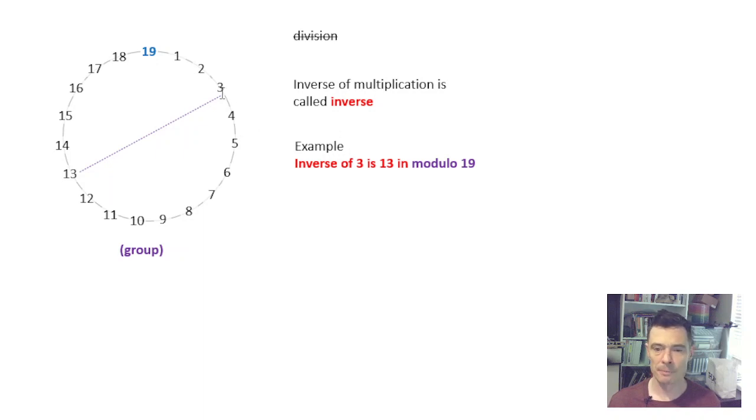And if you want to find the inverse of a number, in this case it's 13, but there's a process you're going to have to go through. And also sometimes the inverse is written like this. It's called 3 to the negative 1, or 3 inverse.